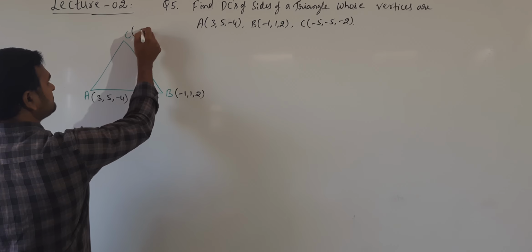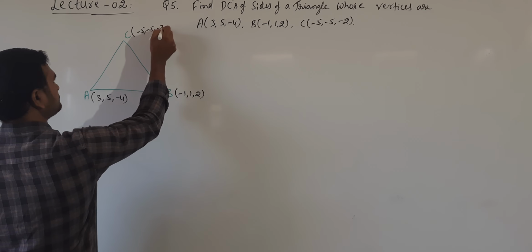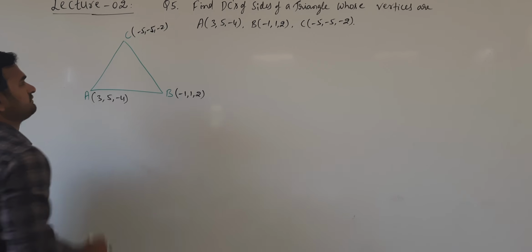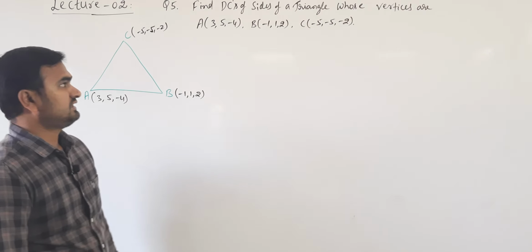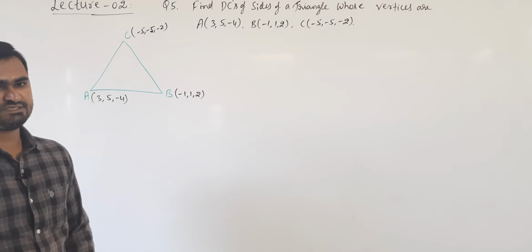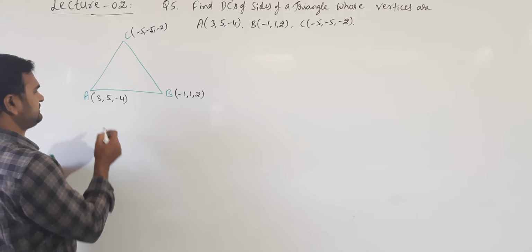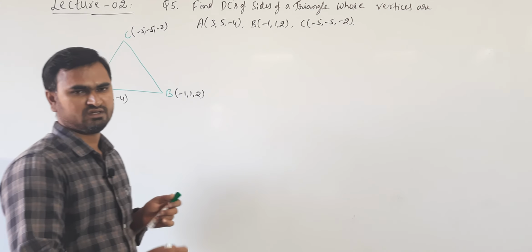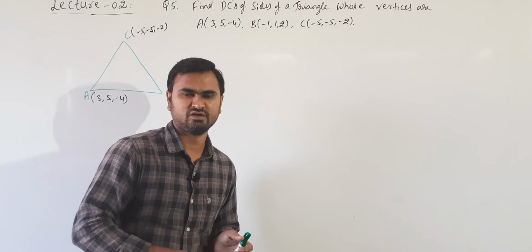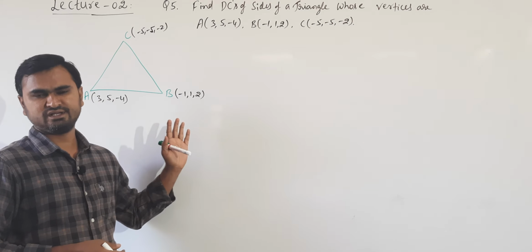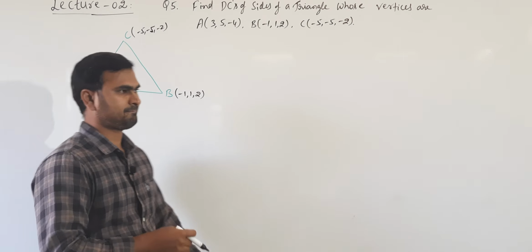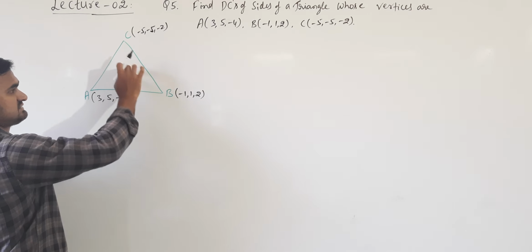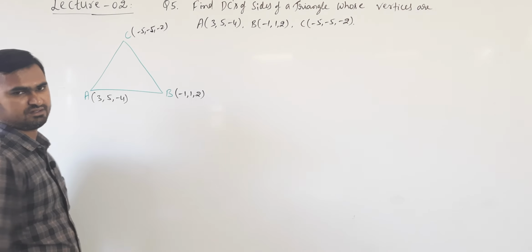And C is minus 5, minus 5, minus 2. Now we need the direction cosines of sides of the triangle. If you observe, the sides of a triangle are in the form of a line. So since it is a line, we can find DCs and DRs of that line, right? So we have to find DCs and DRs for all the three sides AB, BC and AC.